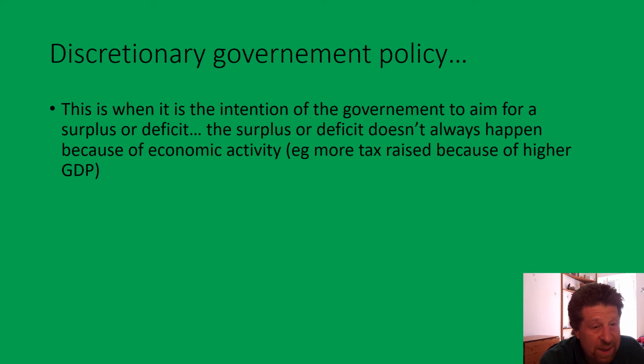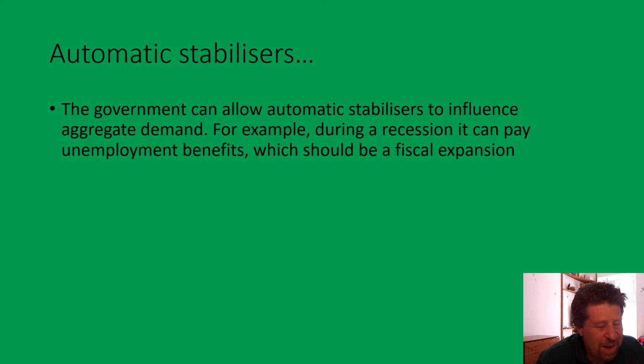And so it doesn't always happen what they intended. So the discretionary government policy is when the government intends to aim for a surplus or deficit, but the reality doesn't mean they necessarily get it when it's analysed at the end of the year.